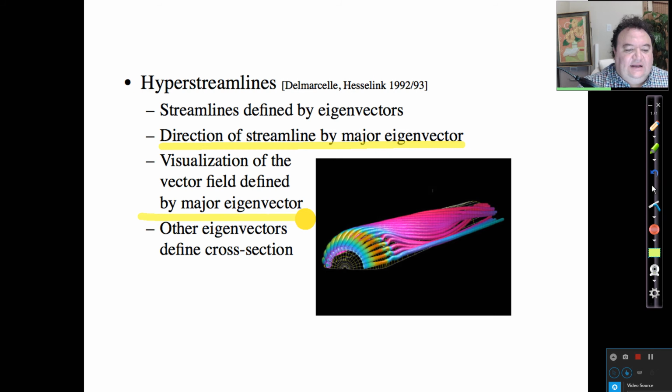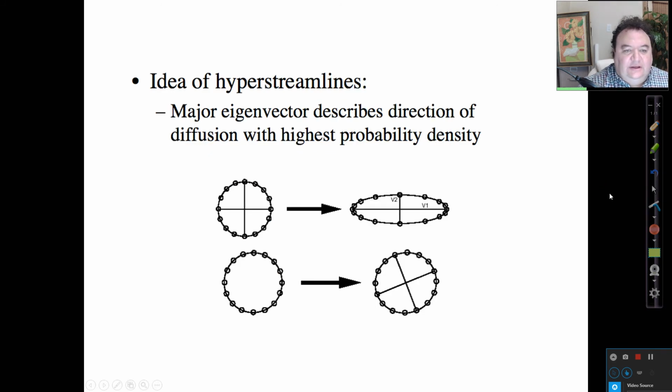But then we use the other eigenvectors to modulate the shape along the flow and highlight how that would change over time. And so the minor eigenvectors, if they're equal in magnitude, still give just a circular cross-section, so the hyperstreamlines become more of a cylinder.